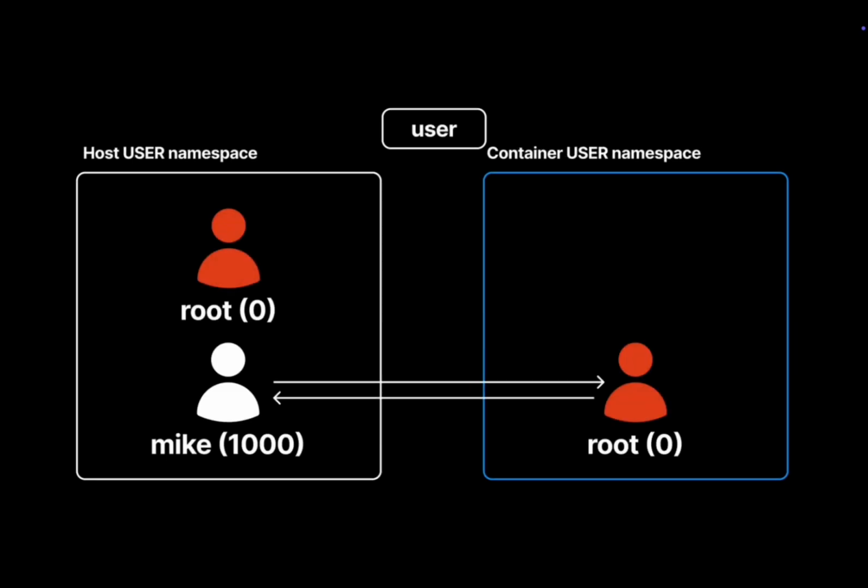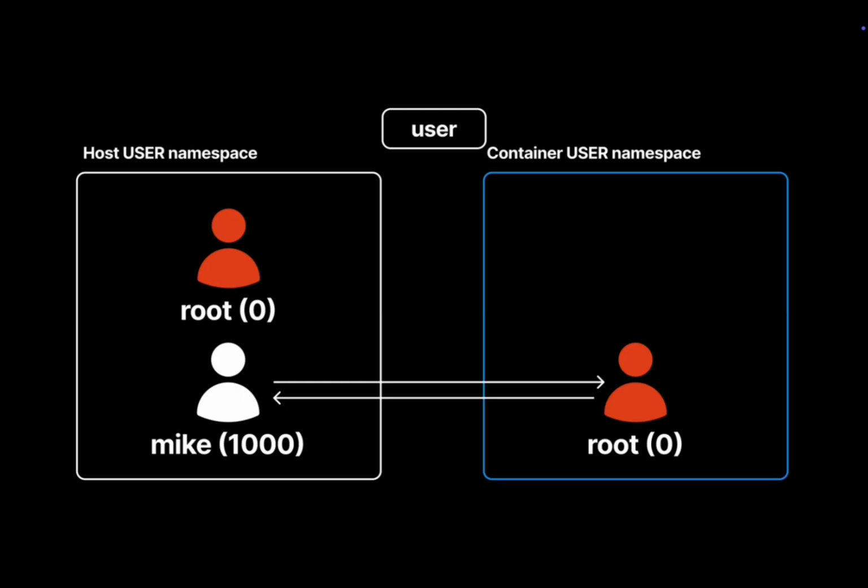So, user namespace. This one is security critical. User namespaces provide UID and GID mapping between namespaces. You can map UID 0, so this is root, inside the namespace to an unprivileged UID outside. This is the foundation of rootless containers.